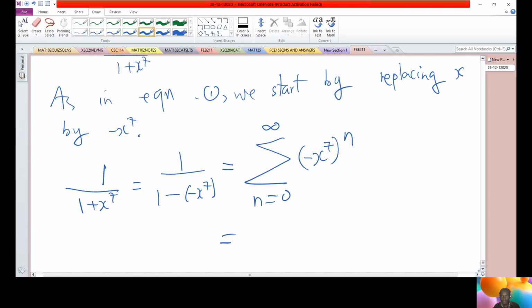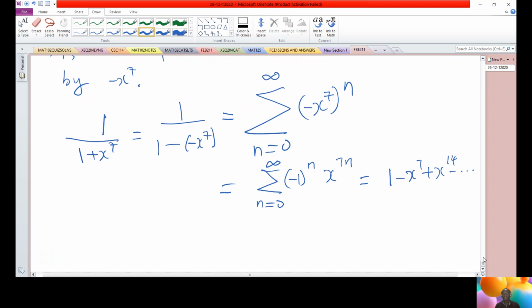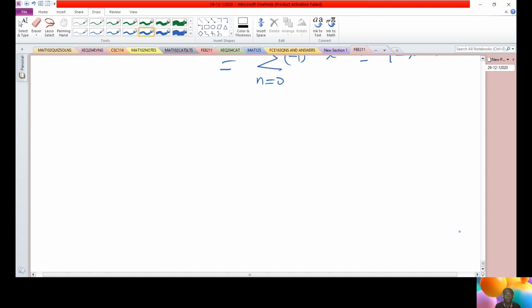Which is the same thing as 1 minus x power 7 plus x power 14 minus etc. So that's the series for 1 over 1 plus x power 7. Now integrate term by term.